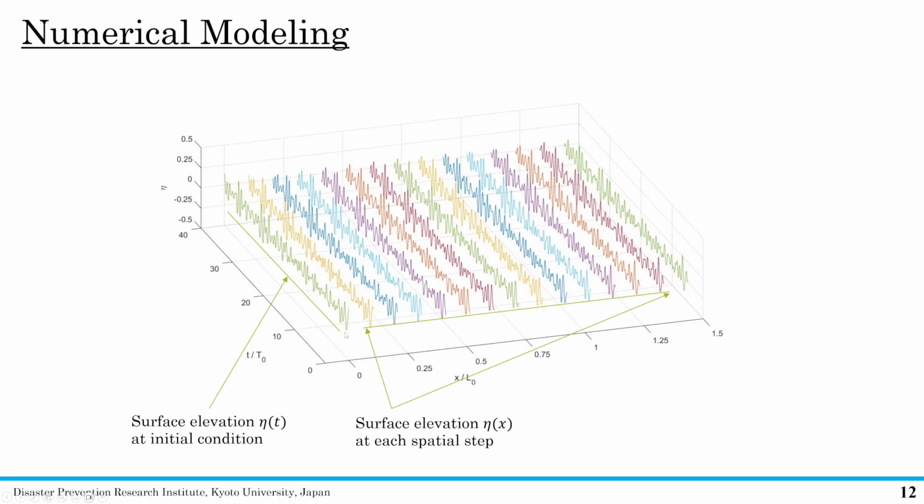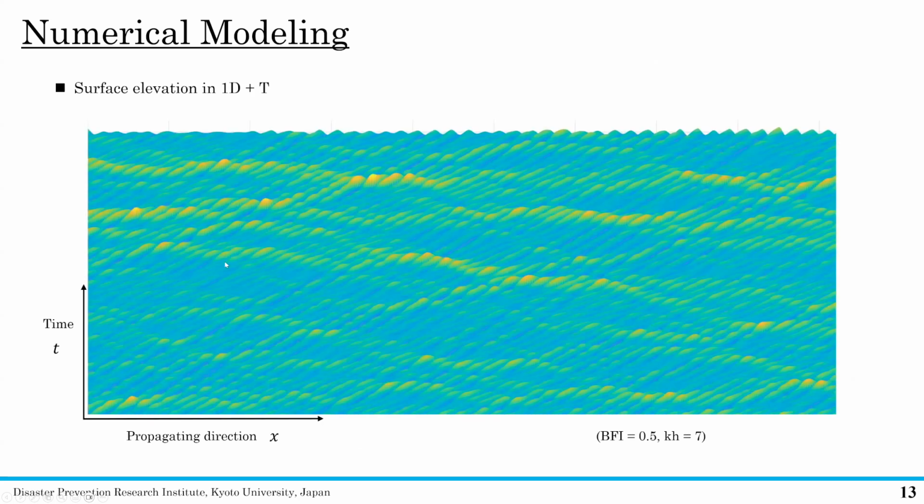We give the result step by step in this form. That is the 1D result: here is the space, there is the time, and that is the surface elevation. And this is the 2D case.